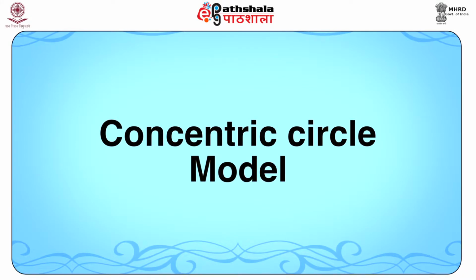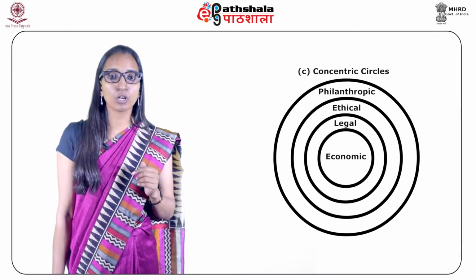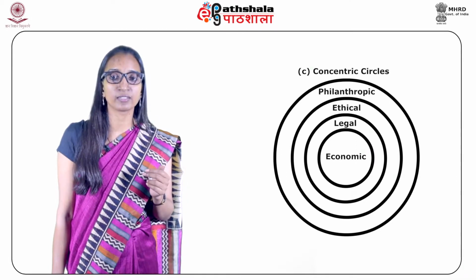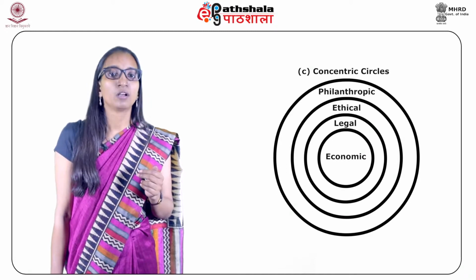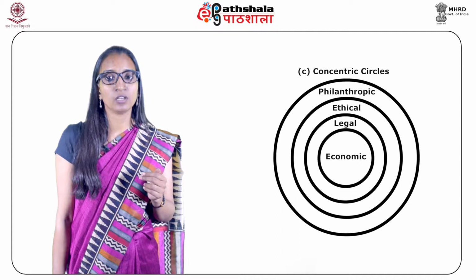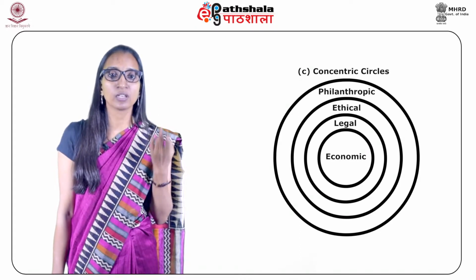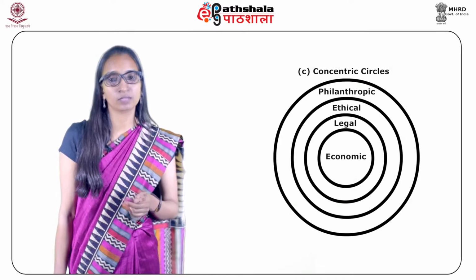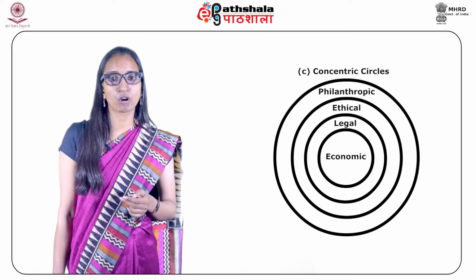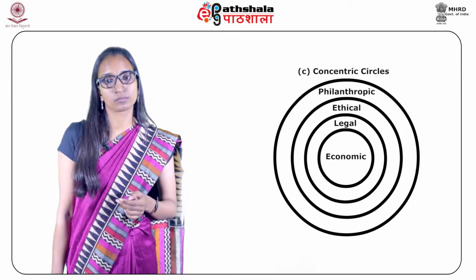Now comes the concentric circle or CON model. The CON model is adapted from a notable statement issued in 1971 by the Committee for Economic Development. The original CED model consists of three concentric circles. The inner circle represents the core responsibility of business, that is the economic function.